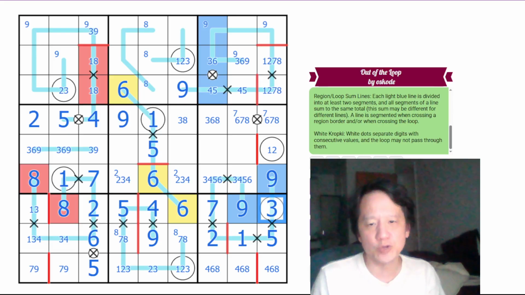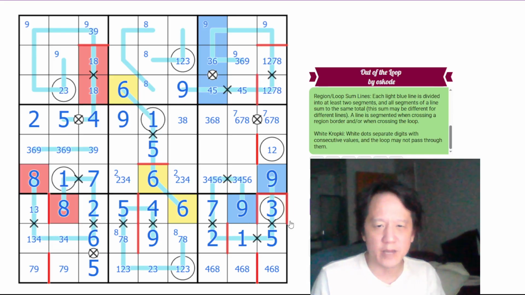So this has 3 slither links around it. So it has to, oops, it has to go this way. So that means it must connect all the way to here. This one has to go that way. That doesn't work.